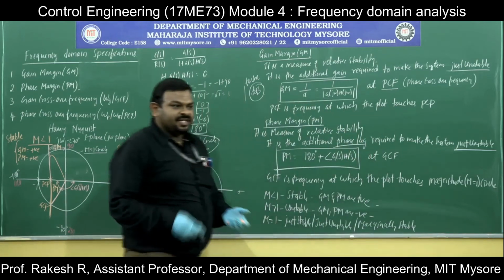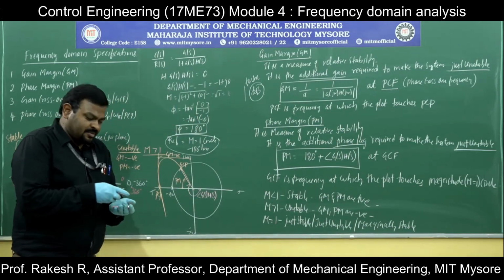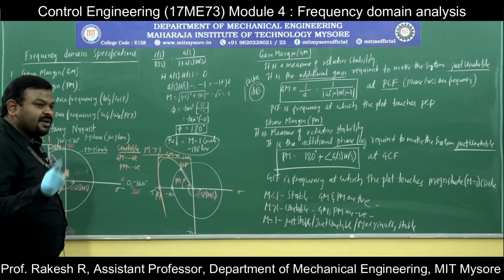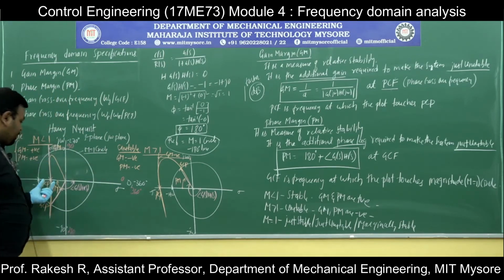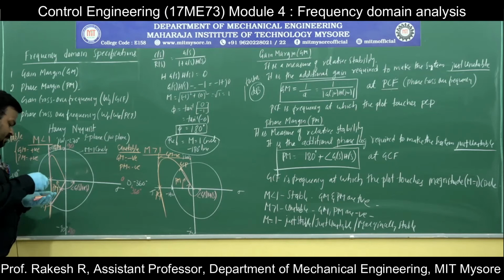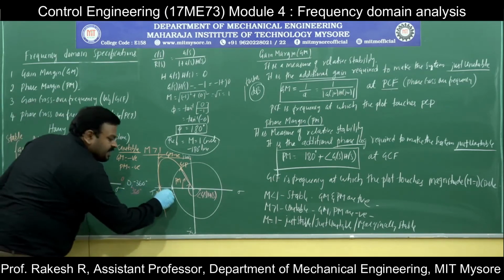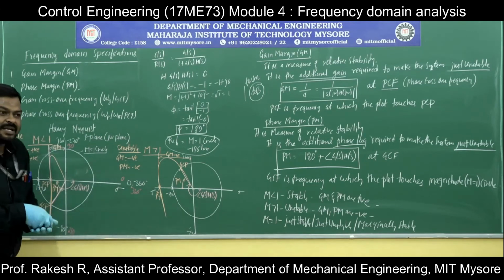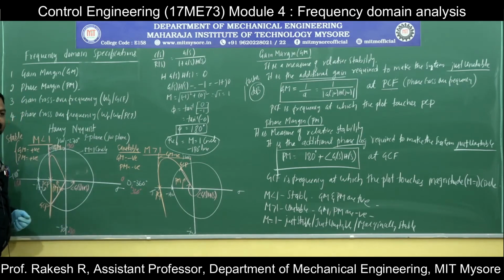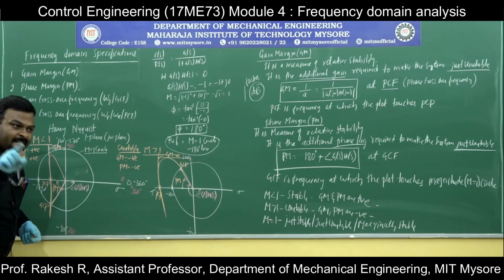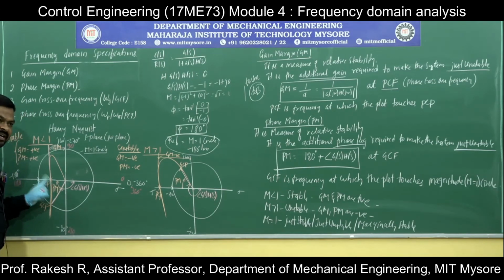This is one analogy. The second analogy is very important. It depends upon where the critical point minus 1 plus j0 is. Where is minus 1 plus j0 in a stable system? In a stable system, minus 1 plus j0 is located inside the magnitude circle 1.